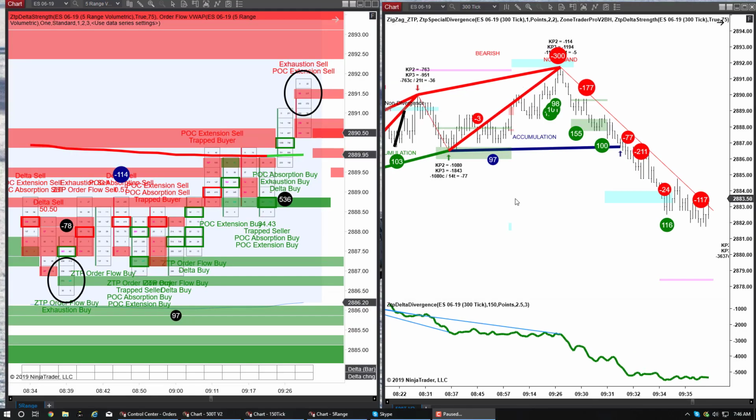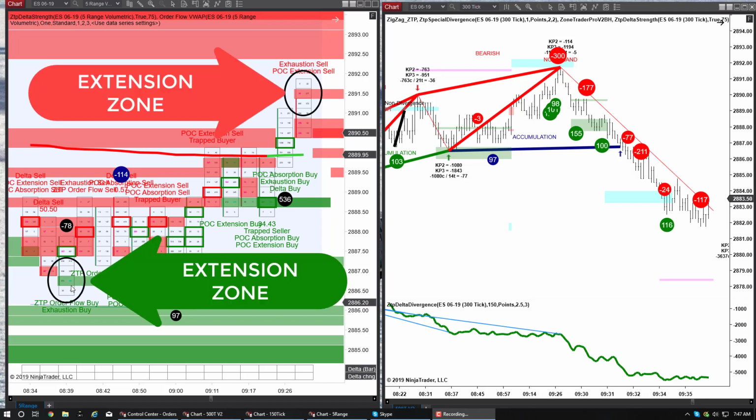Now if I was actually trading right now and I was looking at these as possible trades, this is the way I would have my charts configured. I would want a 5-range volumetric chart over here, and what I'm looking for is extension zones being created, one tick from the high, one tick from the low.